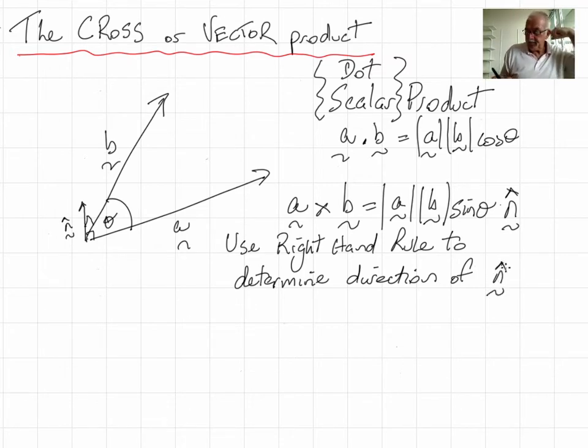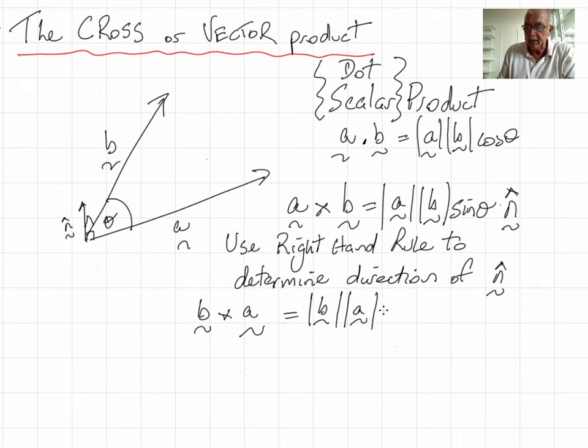Okay, what about B cross A? Just using the rule, it will be the absolute value of B, absolute value of A, sine theta. That's going to be exactly the same as up here, and then times a unit vector.